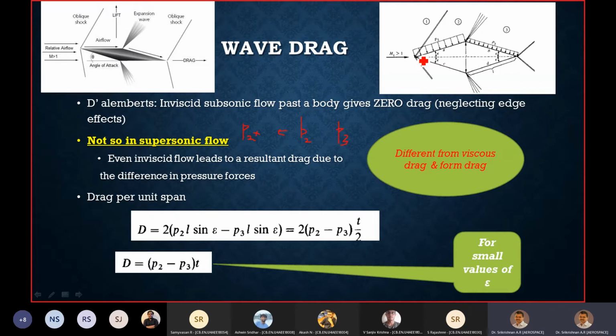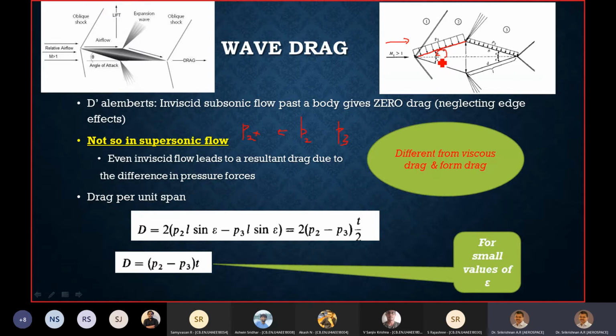If we are talking about this face, we are talking about the area that is projected across the flow. The included half angle is marked as epsilon, a small angle, so that there is an attached shock.